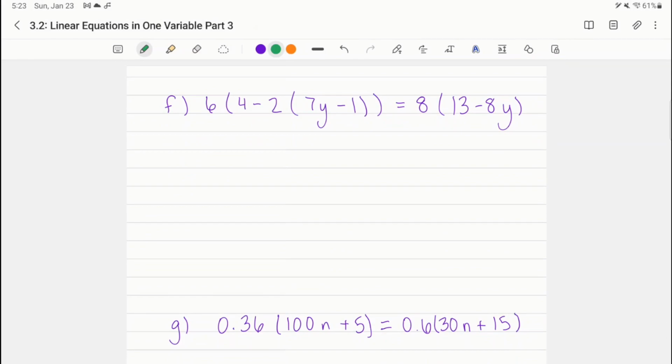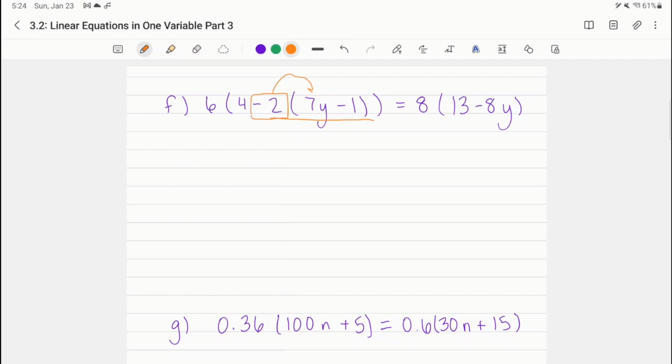This one does look quite a bit more complicated, but you just have to take your time, take a deep breath, and do it step by step. Now, the first thing I notice is we have this set of parentheses inside another set of parentheses. So that means that's where we should start. And again, it's a negative 2.